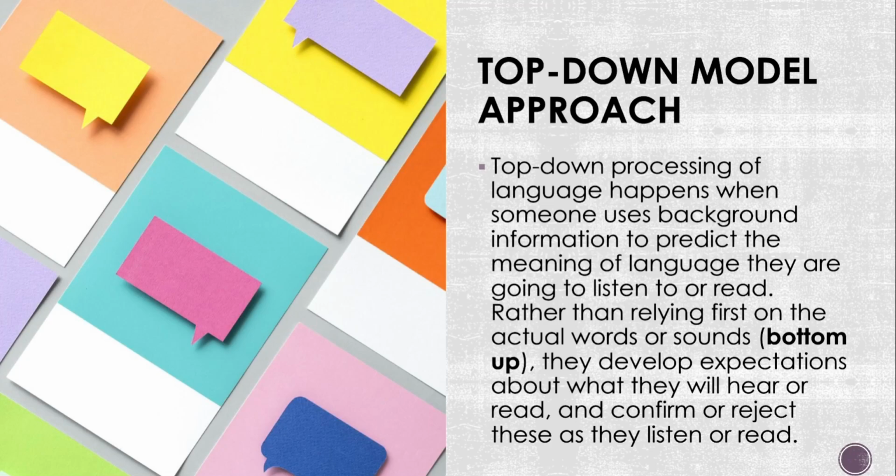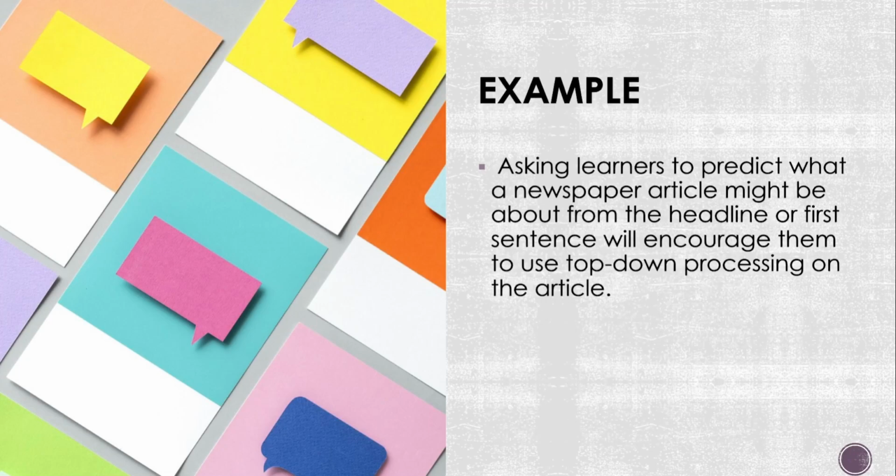Top-down processing is thought to be an effective way of processing language. It makes the most of what the person brings to the situation. Example, asking learners to predict what a newspaper article might be about from the headline or first sentence will encourage them to use top-down processing on the article.